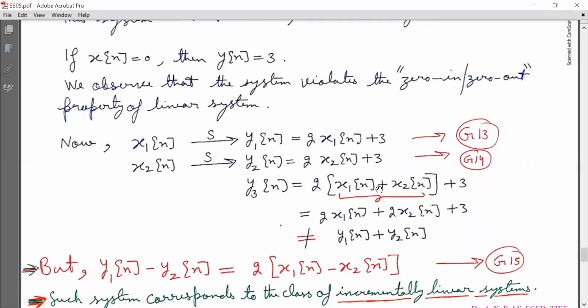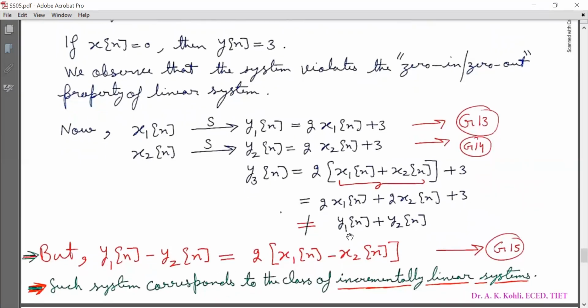When I open the bracket, it will be 2x1[n] plus 2x2[n] plus 3, and this is not equal to y1[n] plus y2[n]. So this system is once more proved to be non-linear.